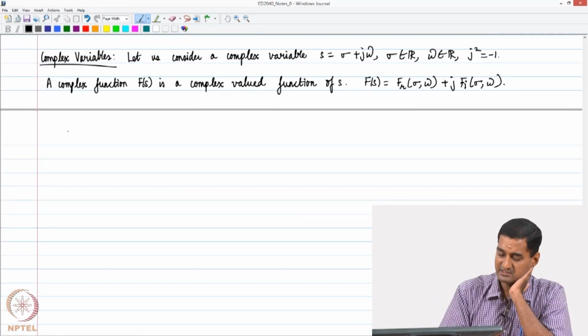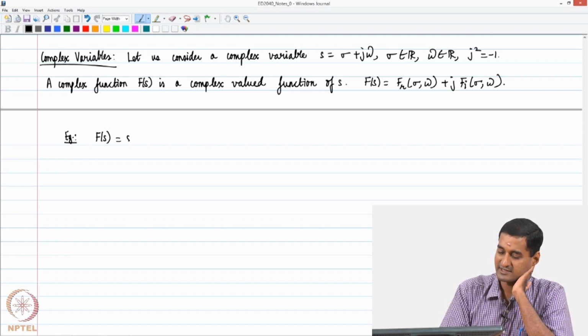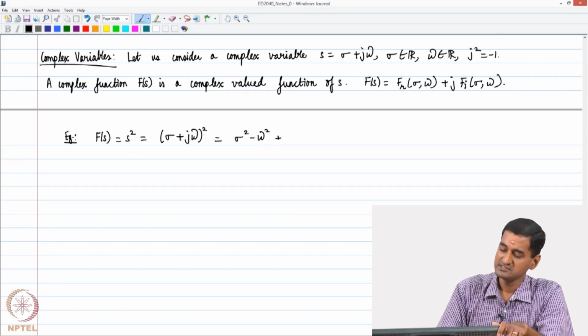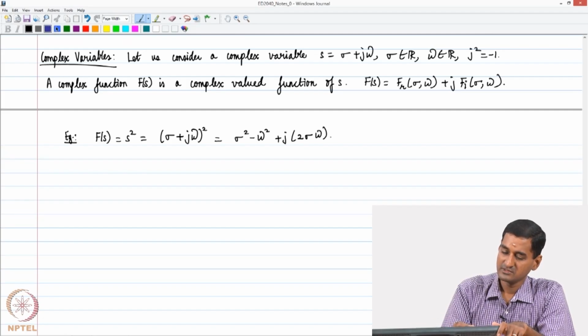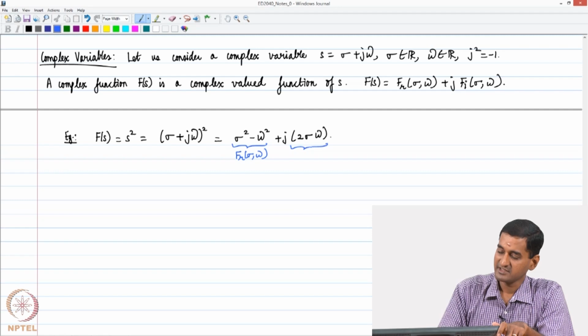For example, let us say we consider f of s to be s squared. I can rewrite this as sigma plus j omega whole squared. This can be rewritten as sigma squared minus omega squared plus j times 2 sigma omega. So, this part is f_r of sigma, omega, and this is f_i of sigma, omega.